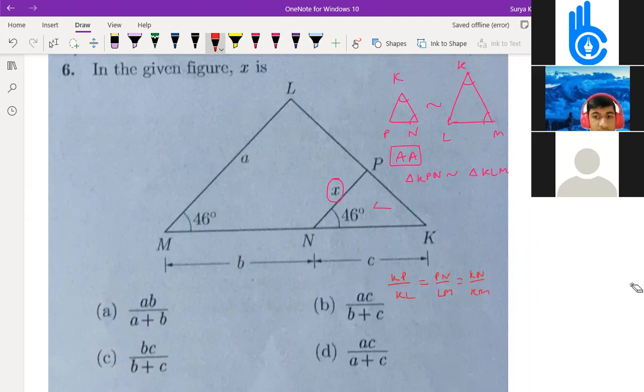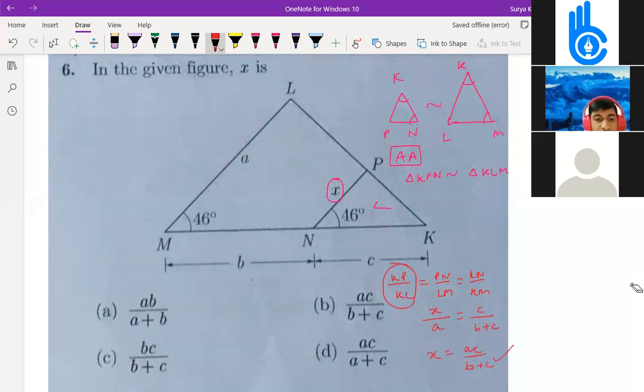KP and KL are not given to you, so leave this. PN and LM are given. PN is X and LM is A, equal to KN, which is C, over KM, which is B plus C. Now X is equal to AC divided by B plus C.